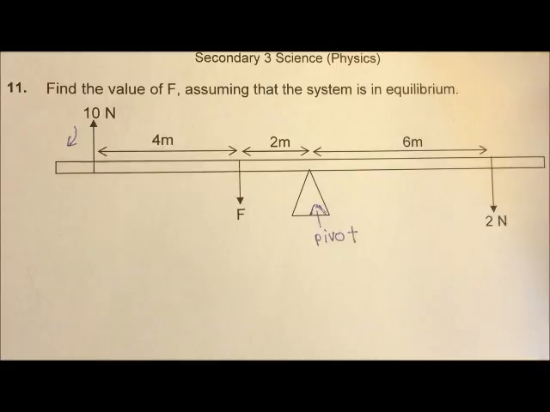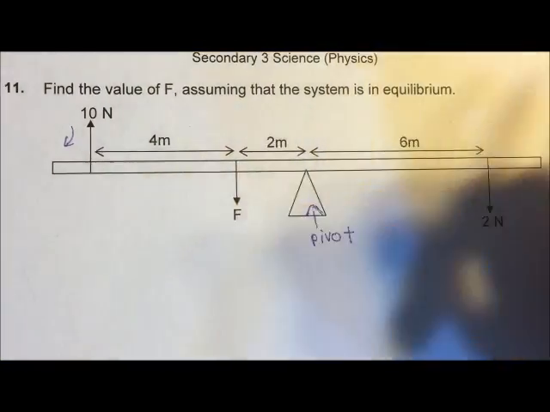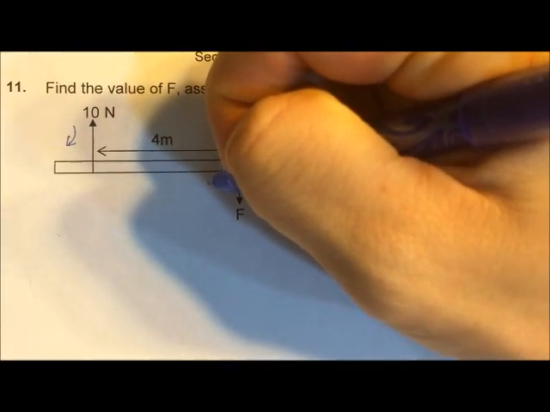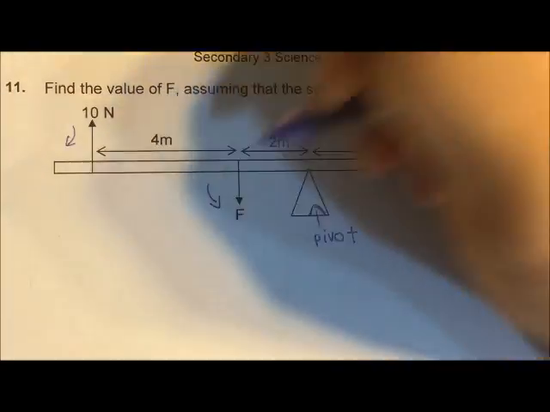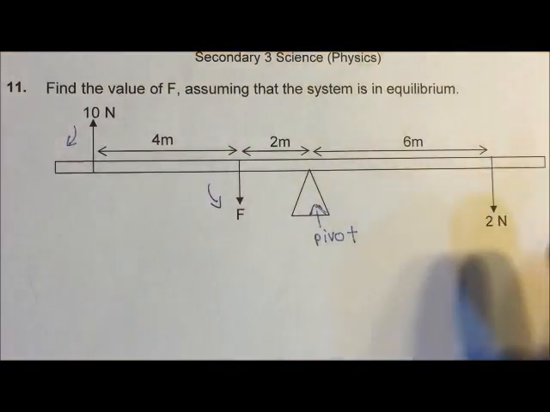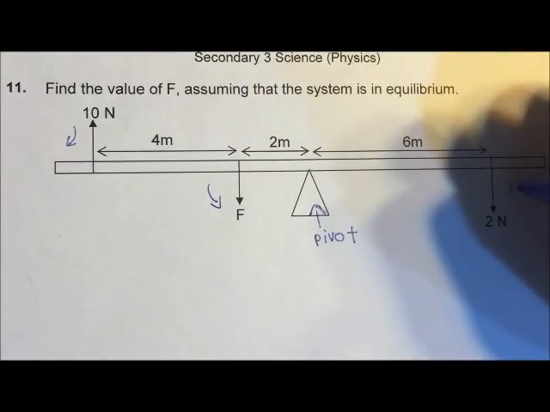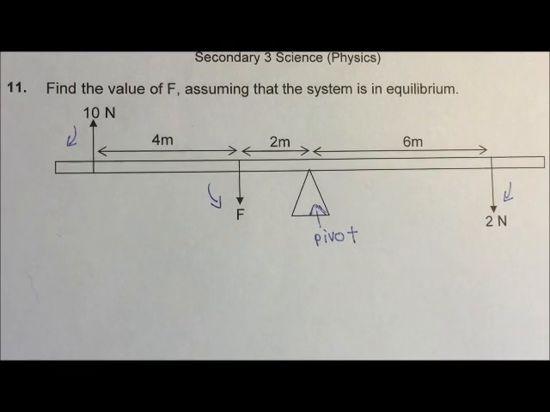So we will give it a clockwise symbol. How about for F? The direction will be anti-clockwise. And lastly, for the 2 Newton force, the direction will be clockwise.